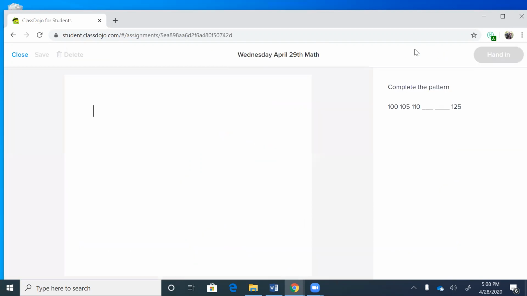So you'll click on it, and I wrote it up. The one I wrote is a little different than the one from the book, but it's the same concept. So you're just going to write the two missing numbers, 100, 105, 110, blank, blank, 125. Nice and simple. Complete the pattern, and I'll see you later on Zoom.